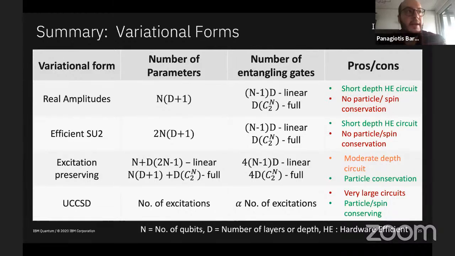For the unitary coupled cluster, the number of parameters is the same as the number of excitations considered for your system, and the number of entangling gates is a prefactor of the number of excitations, depending on how many orbitals you are considering. In general, for the unitary coupled cluster, we have very large circuits, but we have the particle and the spin conservation in the system.